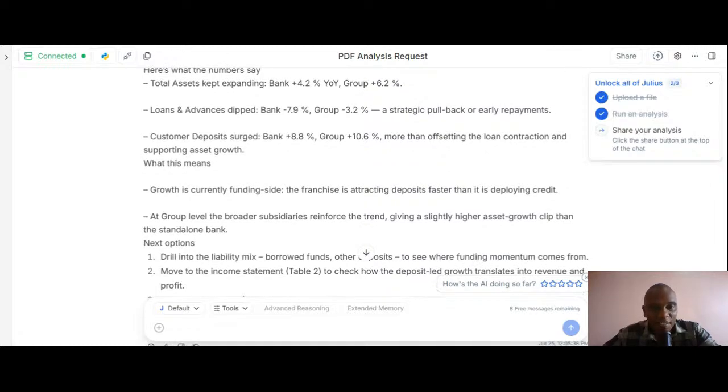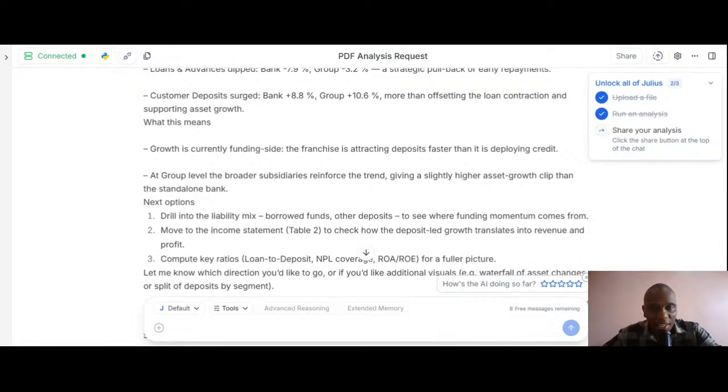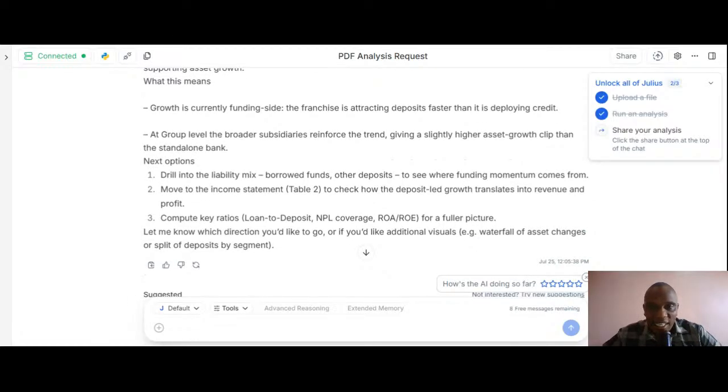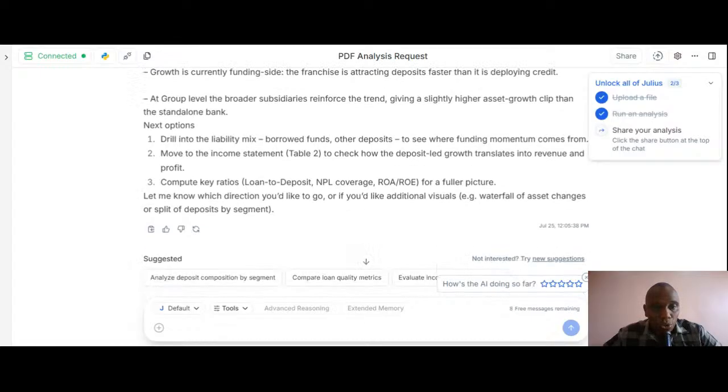The growth is on the funding side. The franchise is attracting deposits faster than it is deploying credit. At group level, the broader subsidiaries and trading give a slightly higher asset growth than the standalone. So you get the information that you are looking for.